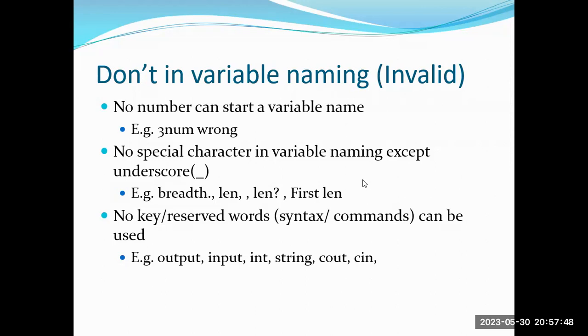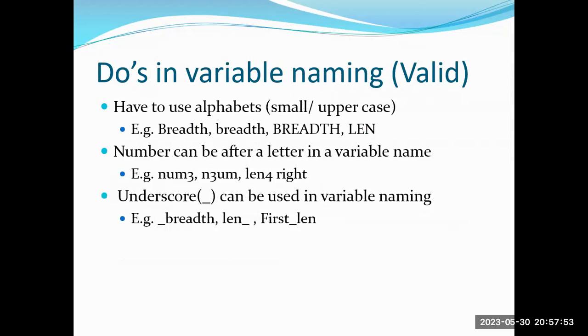Then the next one, the do's in variable naming. In naming variables, the things you can do are that you can use only English alphabets, whether capital A to Z or small letter a to z. Two, you can use a number, but the number shouldn't start the name, as I said in the don'ts.